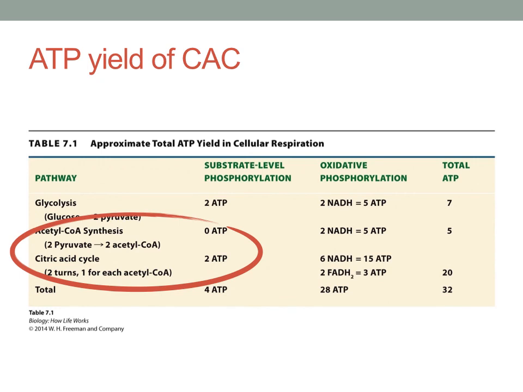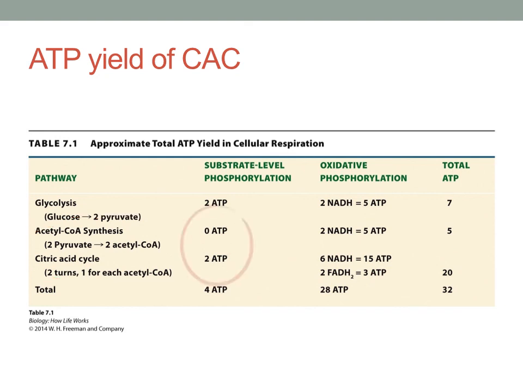So overall, again, the direct yield of ATP from the citric acid cycle is only 2 ATP, and most of the energy that will be gained from the citric acid cycle will be by the means of the electron carriers, the process that we will see in the next slideshow.